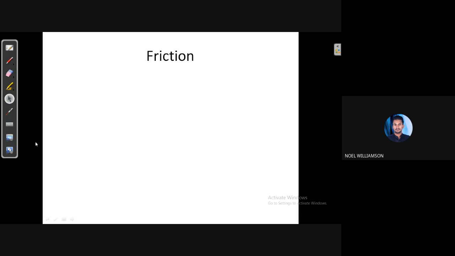That means we can see here, suppose you have a surface like this. A body is placed here.